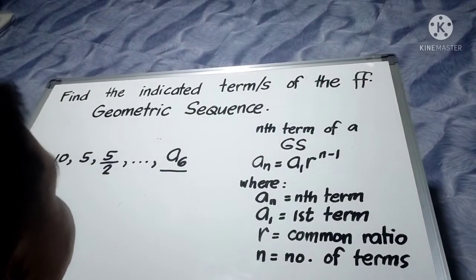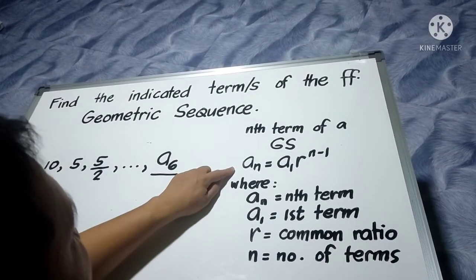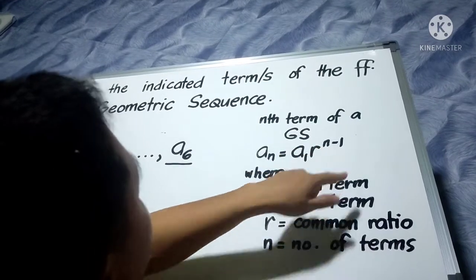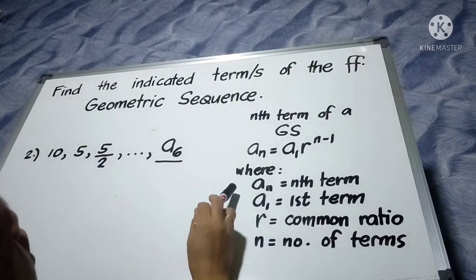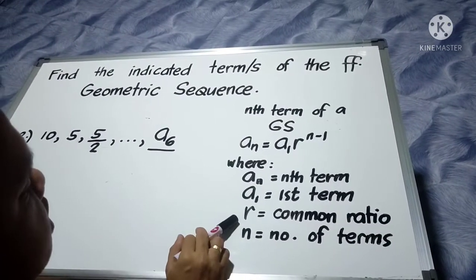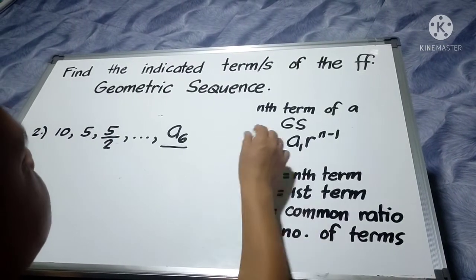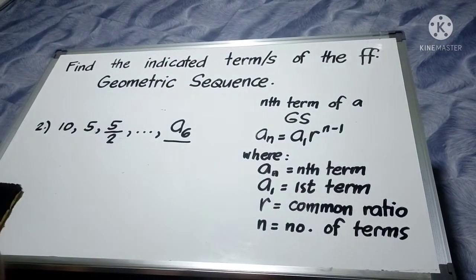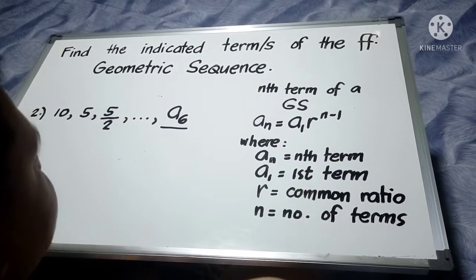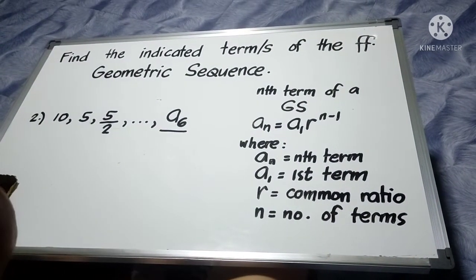So to find the end term of a geometric sequence, we will be using the formula a sub n is equal to a sub 1 times r to the exponent of n minus 1, where a sub n is your end term, a sub 1 is your first term, r is the common ratio, and n is the number of terms. This is the formula that we will be using in finding the end term of the geometric sequence, or in finding n, r, or a sub 1. So this will be the standard formula for the end term of the geometric sequence.